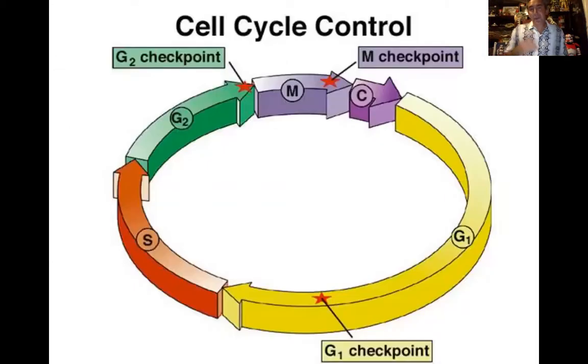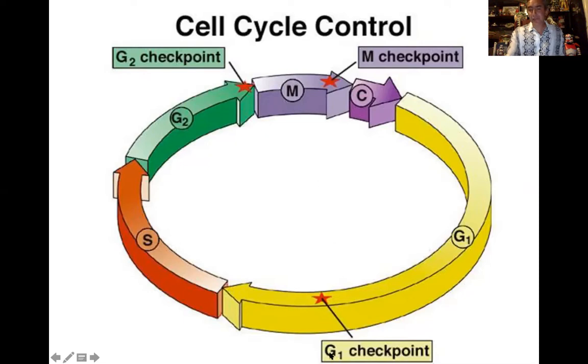So there are 3 critical checkpoints, and this is good for the exam. I would know this for your exam. There are 3 critical checkpoints that regulate the cell cycle: the G1 checkpoint, G2 checkpoint, and M checkpoint.